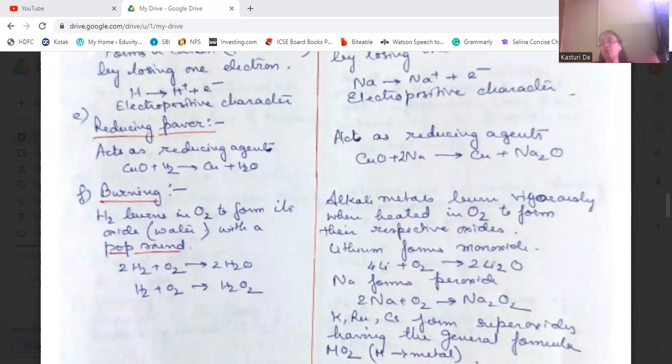Lithium forms lithium monoxide, Li2O, and sodium forms sodium peroxide, Na2O2. Potassium, rubidium, and cesium form superoxides with the general formula MO2, where M stands for the metal.